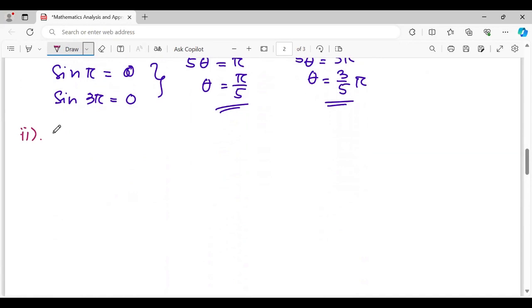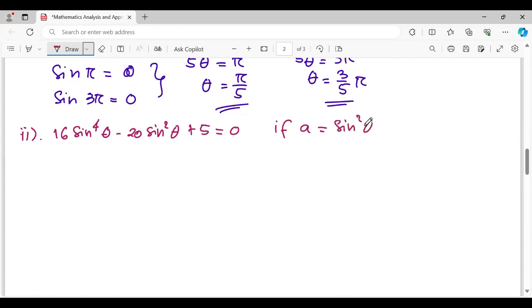I will begin with this equation: 16 sine to the power 4 theta minus 20 sine squared theta plus 5 equals 0. Now, if A equals sine squared theta, this equation becomes 16A squared minus 20A plus 5 equals 0.